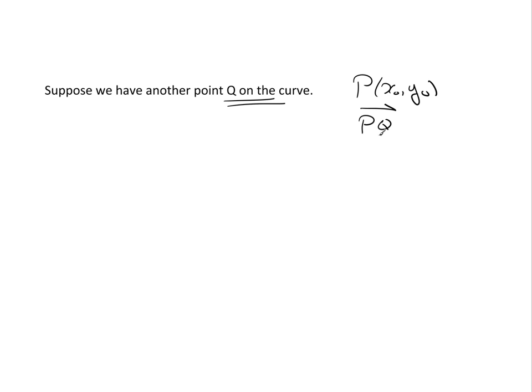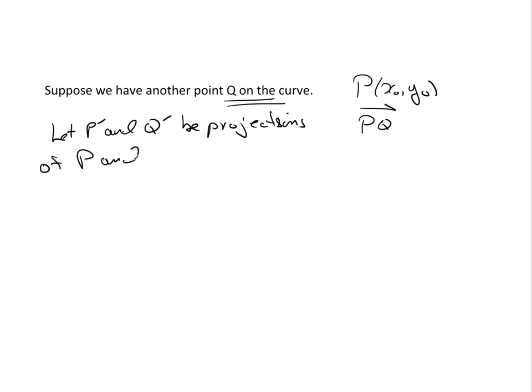So if I think of these as two points on the surface and the vector in between them, I can think of these values in terms of their projections onto the xy plane. So I'm going to let, say, P prime and Q prime be projections of P and Q onto the xy plane.